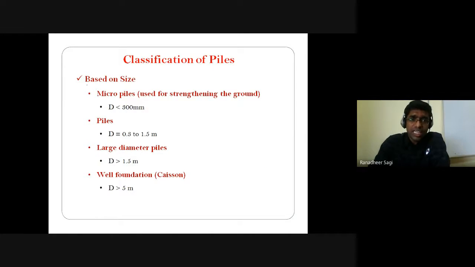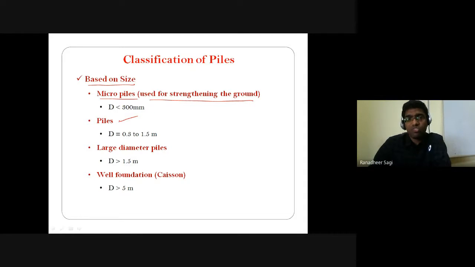Based on size, piles are classified as micro piles when the diameter of the pile is less than 300 mm. The purpose of those micro piles is only to strengthen the ground there. We typically call deep foundation members piles when the diameter is approximately 0.3 or 0.4 meters up to 1.2 to 1.5 meters.